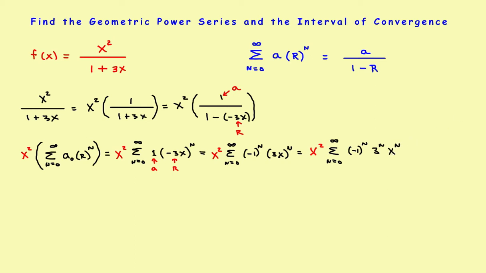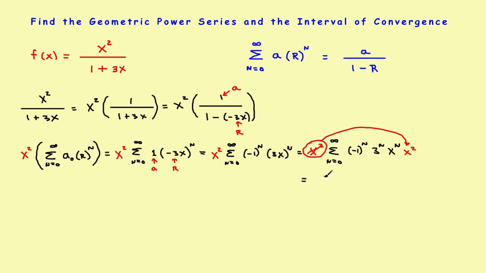Now, here's where you finally start bringing this x squared back into it. What you can do is take the x squared and bring it back inside the summation. So you can bring it from here and put it right here. And so now it's not here anymore. So bring it back inside the summation.